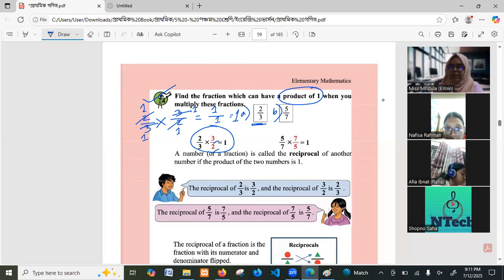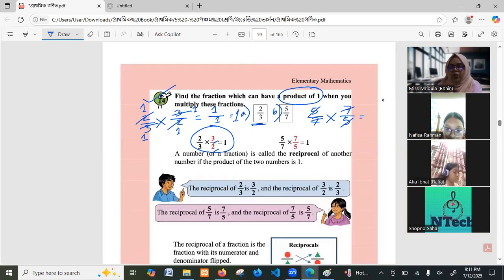Okay, so reciprocal means that if I multiply a number with its reciprocal, I get only 1. Number 2 is the same, number B. If I multiply this fraction with the opposite fraction, it was 5 by 7, now the opposite will be 7 by 5. Now I can cut out 5 and 5, 7 and 7, and I have nothing left.